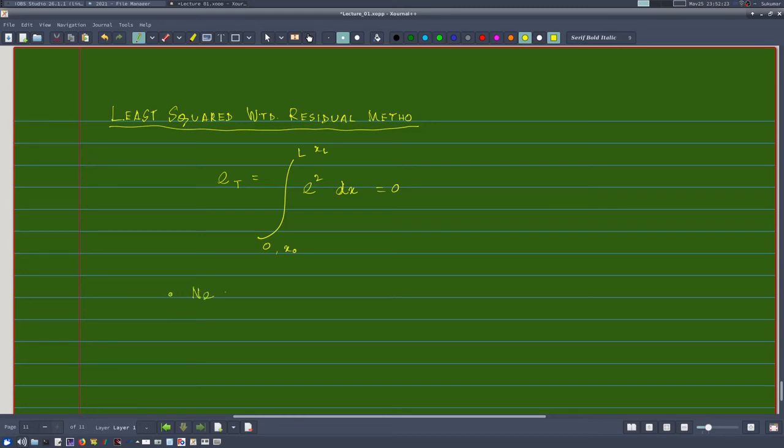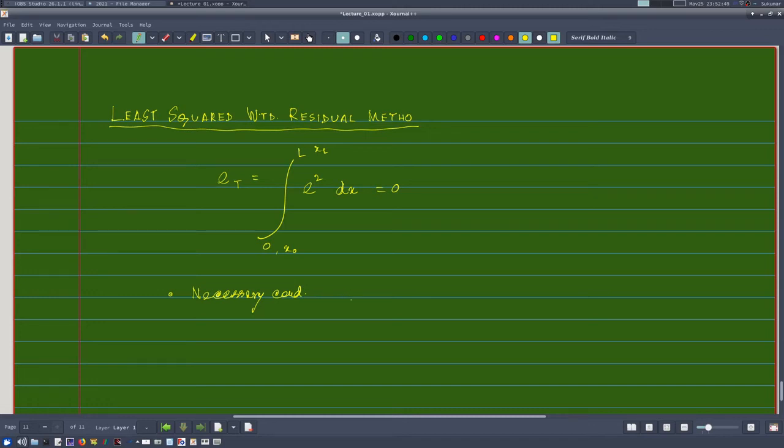What is my necessary condition? It is that the partial derivative of this total residual with respect to those unknown parameters must be 0.